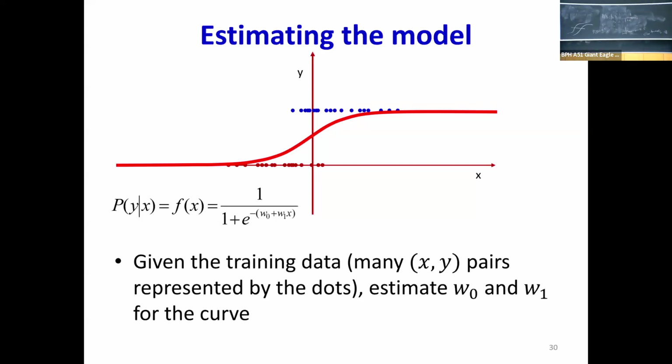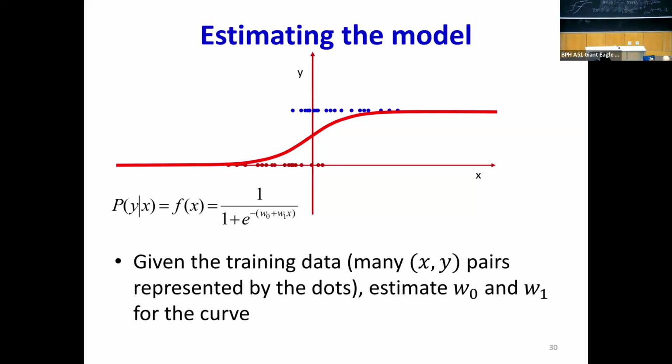P of y equals 0 must be 1 minus this, right? Which, if you work out, is simply going to become 1 over 1 plus e raised to plus w0 plus w1 x. Right? Everybody with me?